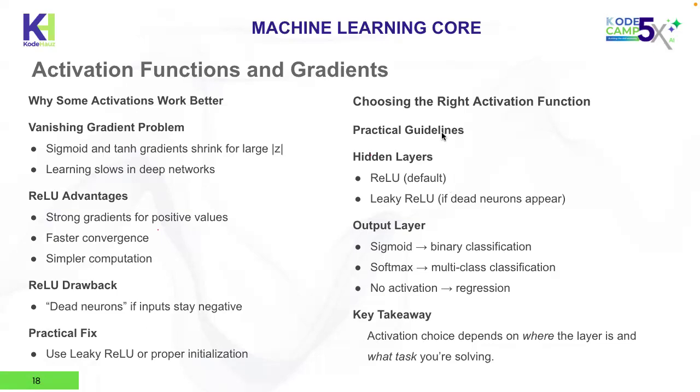Some of the other practical guidelines when you come to activation functions: for hidden layers, use ReLU so that you maintain, should I say, fidelity of the values, right? And then if you have dead neurons, you use leaky ReLU. For the output layer, you always use sigmoid if you want to do a binary classification.